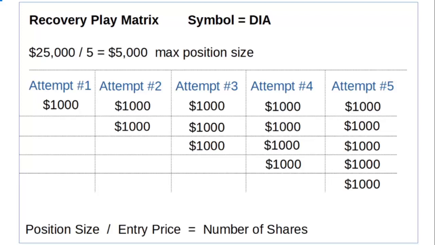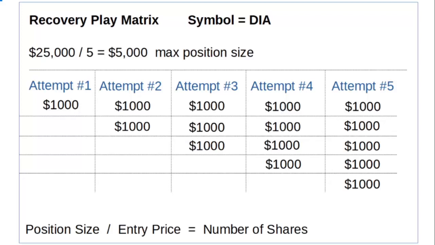So this would be just one position. You can see you've got the symbol DIA. That's your market index there. And so what you do then is divide by 5. That gives you your maximum position size for each symbol. All right, so in this example, you've got 5K.